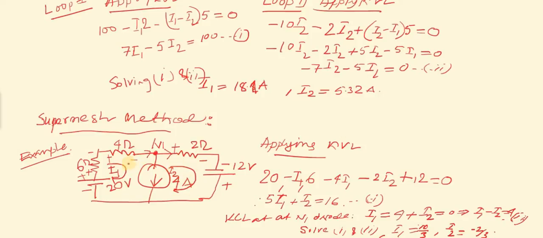This is actually the main technique behind the super mesh analysis method. Any current source here or in between any branches will be considered as open, and we need to remember that it is not there for writing down the KVL equation for this circuit. So this is how the super mesh technique is applied.